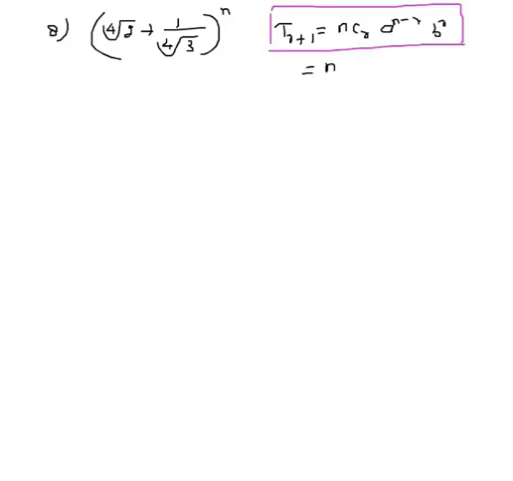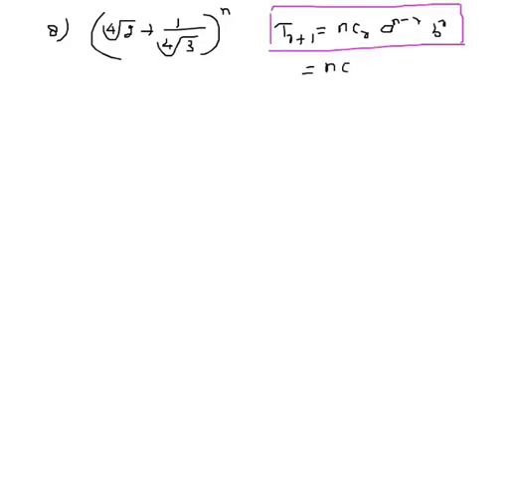Eighth question. Find n if the ratio of the fifth term from the beginning to the fifth term from the end in the expansion of (4th root of 2 plus 1 divided by 4th root of 3) whole raised to n is root 6 is to 1. Let us write the general term formula: nCr a power n minus r b power r.